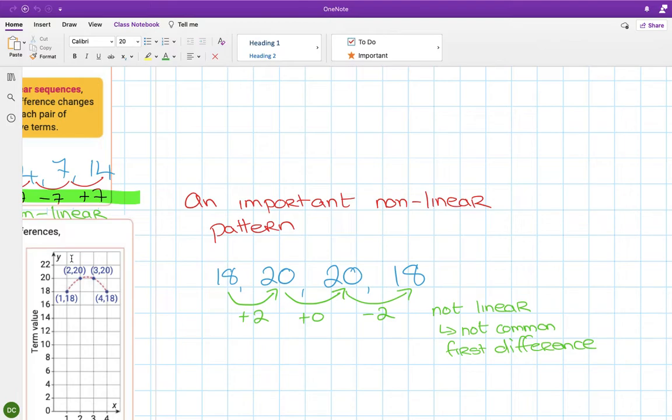Watch what happens when we look at the difference of the difference, okay? So to go from 2 to 0, from 2 to 0, that's down 2, yeah? And from 0 to -2 is also down 2. Okay, so what you have here is a common, sorry, I'm going to write the words. You have a common second difference.